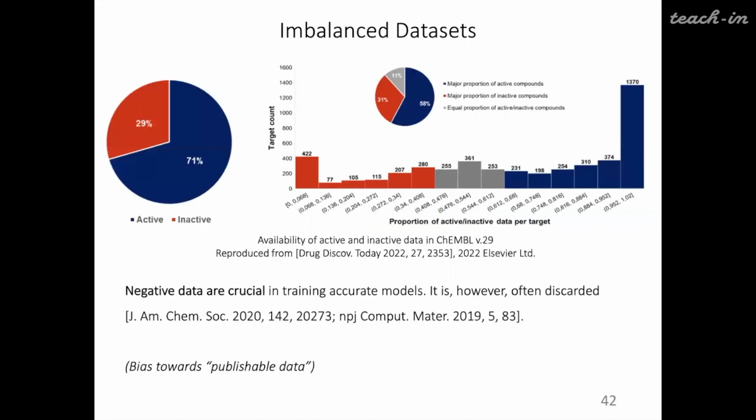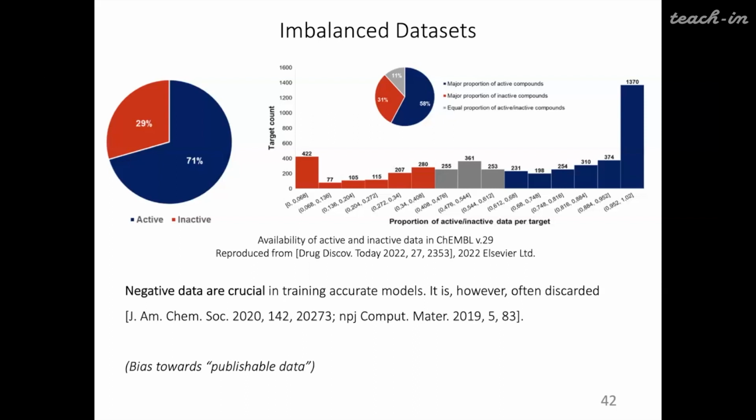So there is the usual problem of imbalanced data sets. Negative data are crucial in training accurate models, and at the same time, researchers usually seek to find publishable data. So they aim to get data, aim to have working experiments.